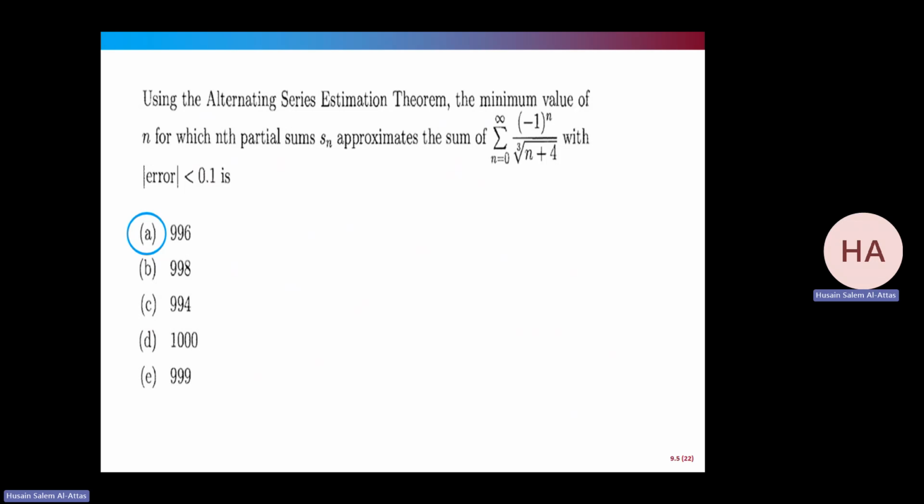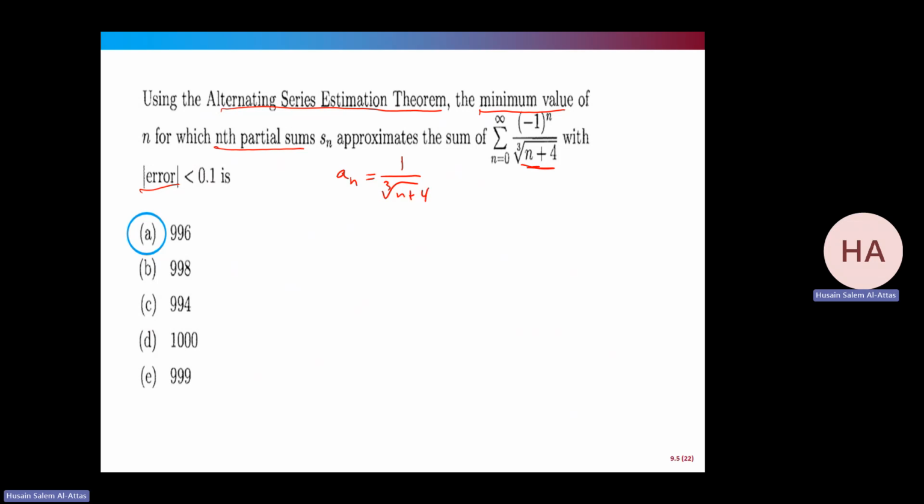Same thing. The minimum value of n, or the smallest number of terms, for the partial sum to approximate the sum with this error, using the alternating series estimation theorem. So it means this converges. an is 1 over the cube root of n plus 4.